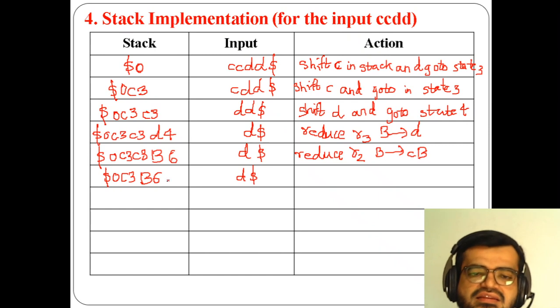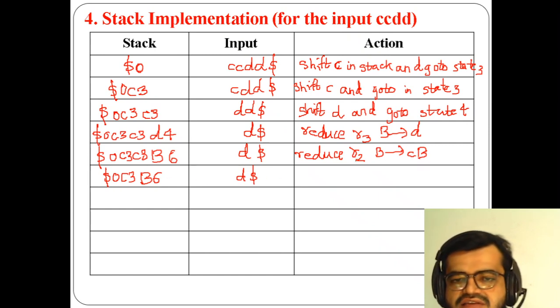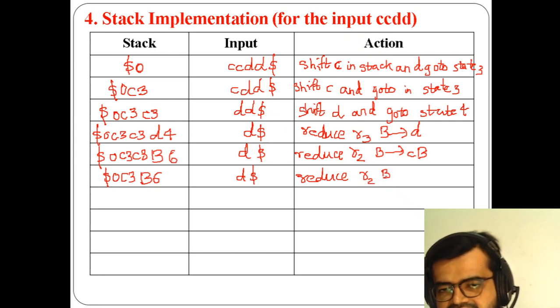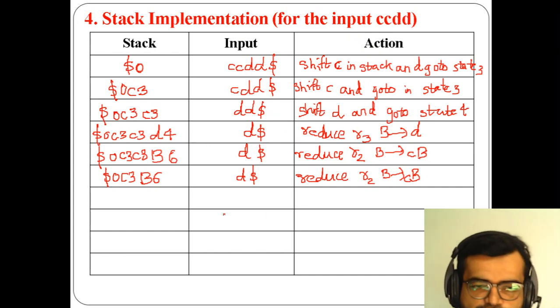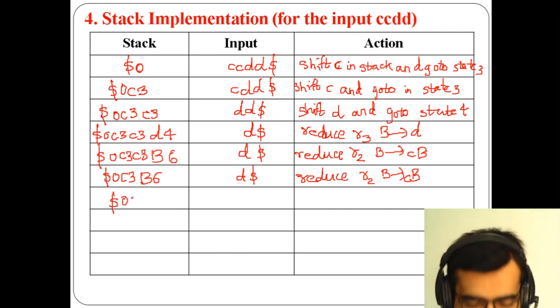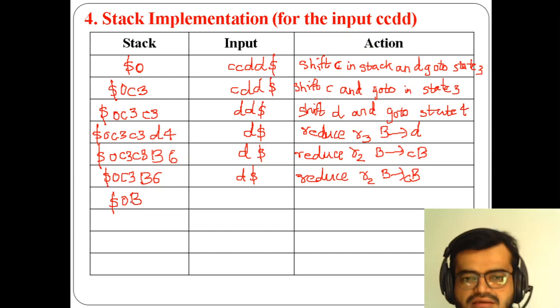Now again in the sixth state, the same thing you have to implement. When I'm using the sixth state, the same operation will be performed: reduce R2, because R2 is there, the same thing again, small c capital B. So again it will be replaced with capital B. So $0, and here you are using B now.